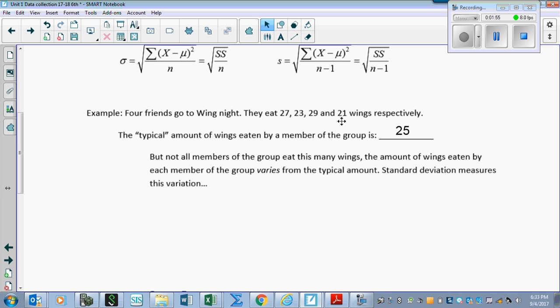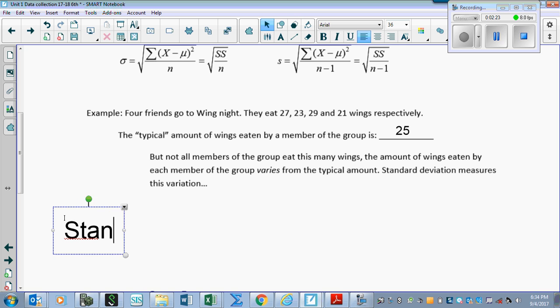So on average, they ate about 3 wings different than the average number of wings. The definition of standard deviation is the typical distance from the mean, and it's not the typical distance from each other.